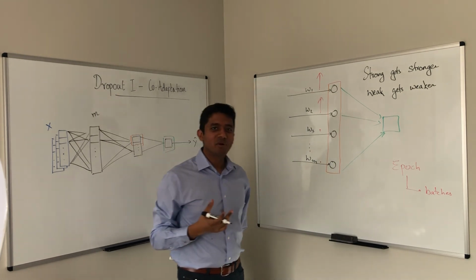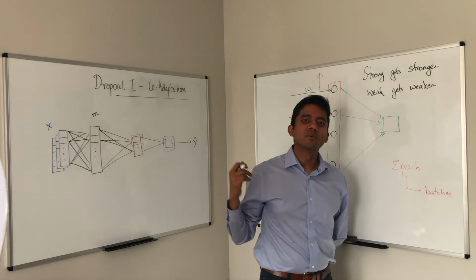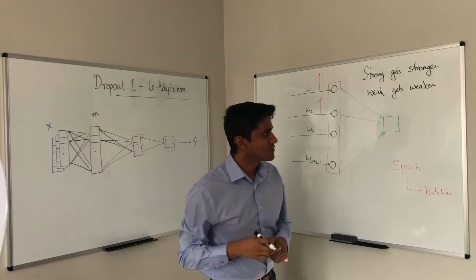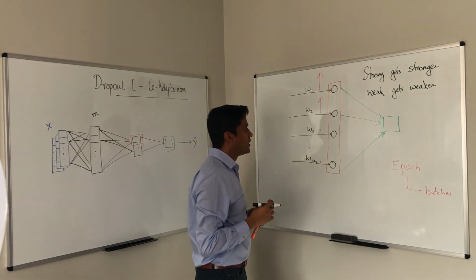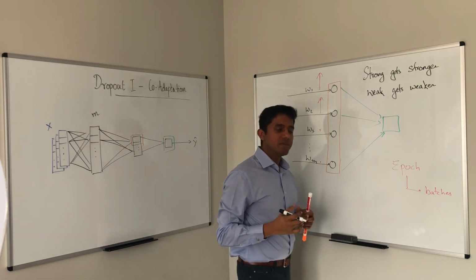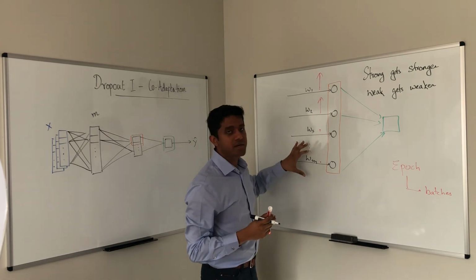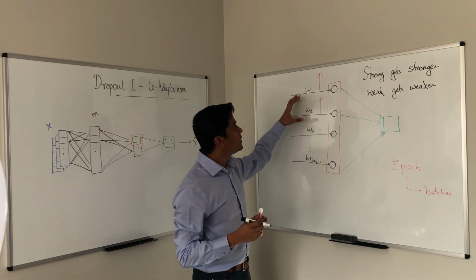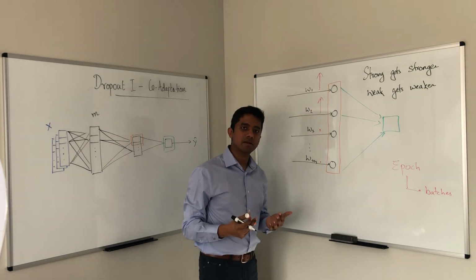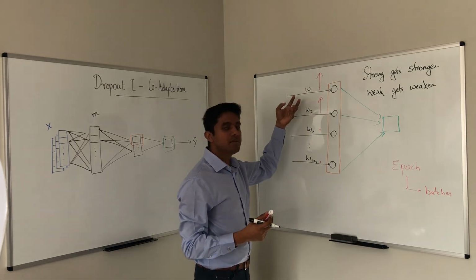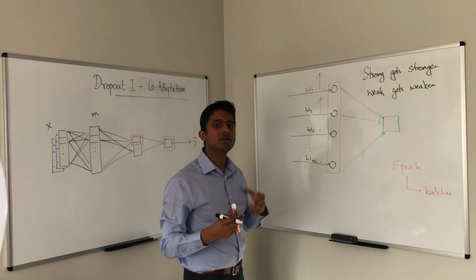So this is a problem with society as well sometimes. But this also became a problem for deep learning. And this is what is called co-adaptation. In co-adaptation, what happens is the weak nodes, in the presence of these strong nodes, over time they stop participating because these strong or heavy nodes are doing all the weightlifting anyway.